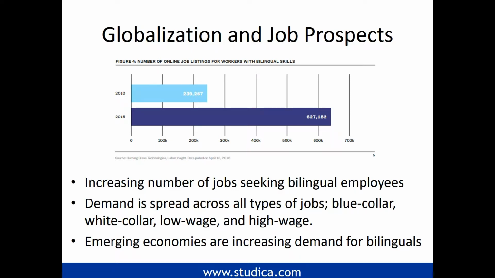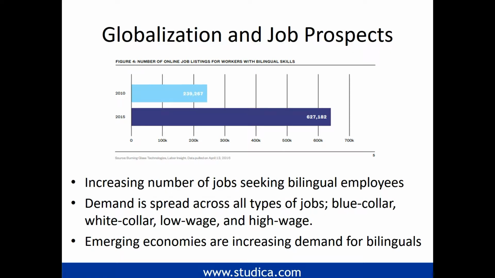This graph that we see at the top is from the Burning Glass Technologies Labor Insight. I believe I pulled this from the Department of Labor, if I remember correctly. The number of online job listings for workers with bilingual skills, the difference between 2010 to 2015. And it's pretty astonishing, actually.